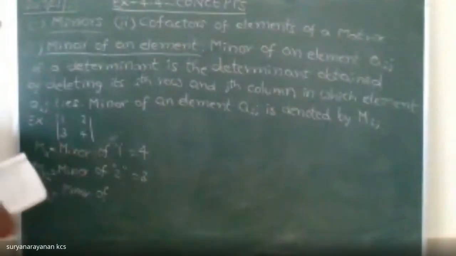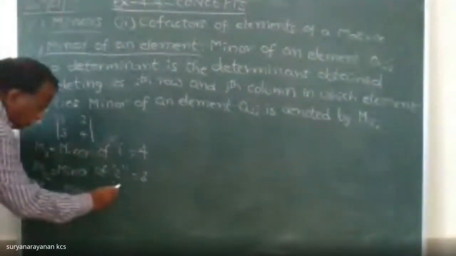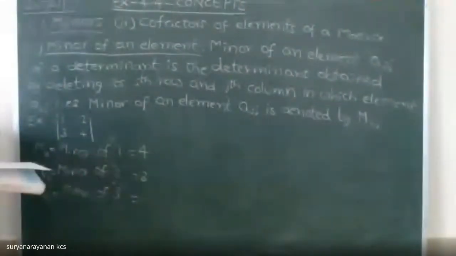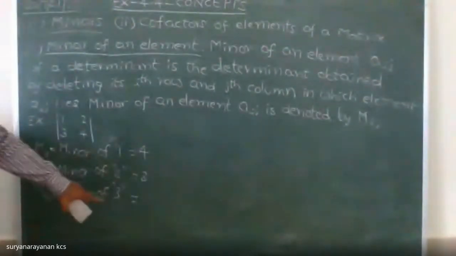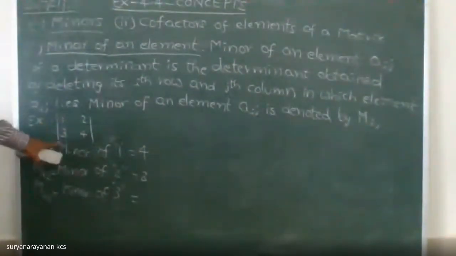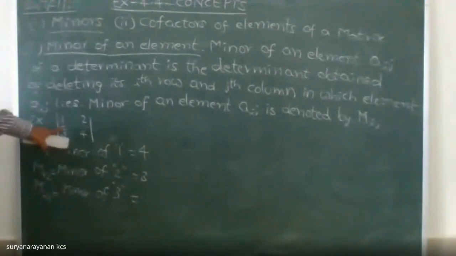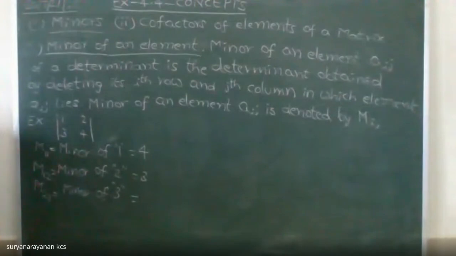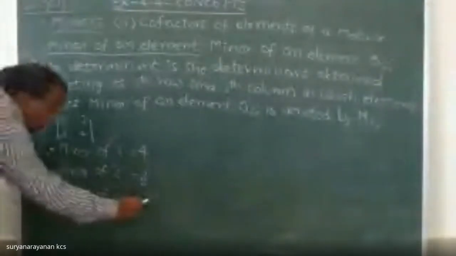Yes, 3. To get the minor of this element, close the second row and the first column. Then what is the minor? 2, sir. Yes, that's all.